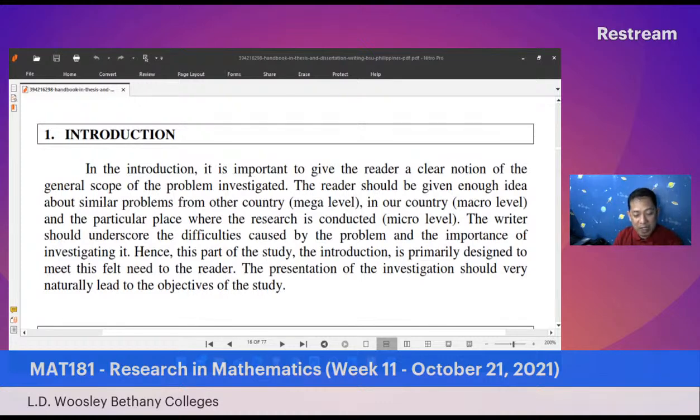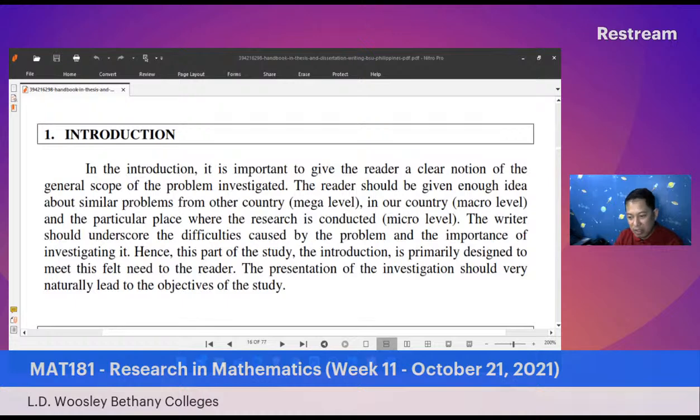That's a mega level, perhaps in a dissertation or a thesis that could be most likely evident, but I won't require that on that level. In our country, perhaps on a macro level, or a particular place that's more predominant in an undergraduate research. No? So in a particular place where the research is conducted. No? So there are levels also.